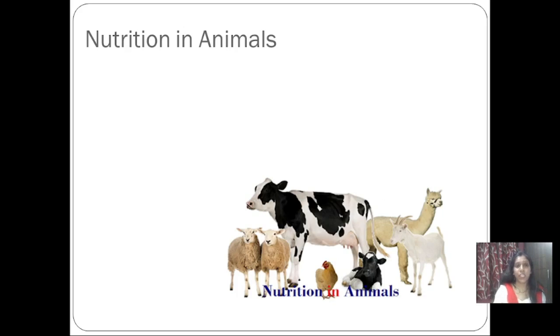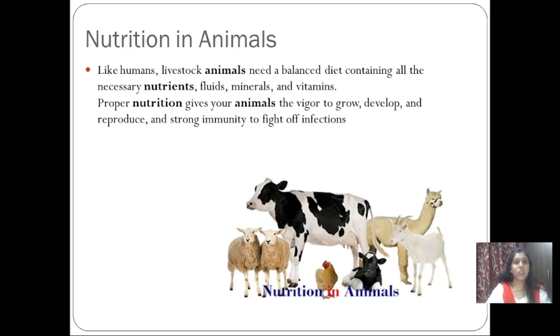So we have studied nutrition in plants. Now we will study nutrition in animals. Like humans, livestock animals need a balanced diet containing all the necessary nutrients, fluids, minerals and vitamins. Correct?